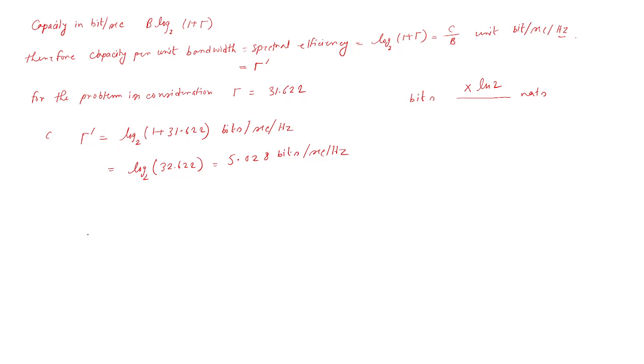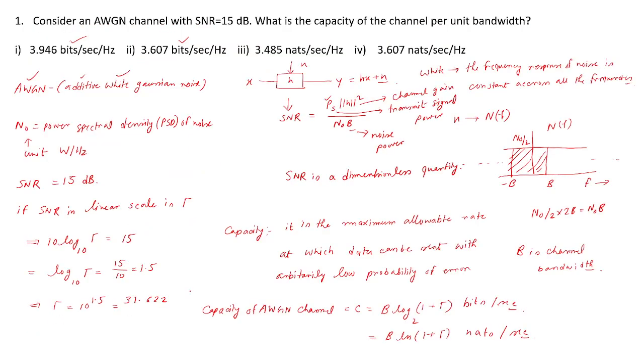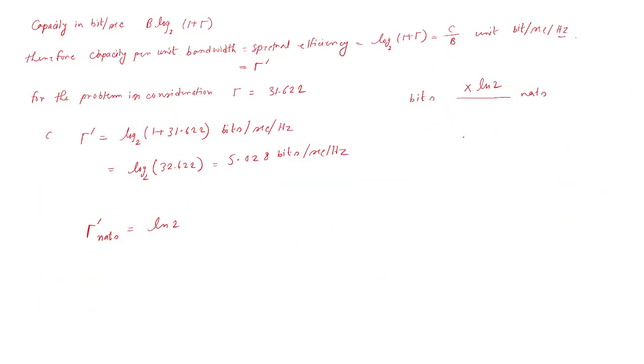So this capital gamma dash is in bits. If we want to find its corresponding value in nats, it will come out to be ln2. You can see why I am using the multiplicative factor ln2.